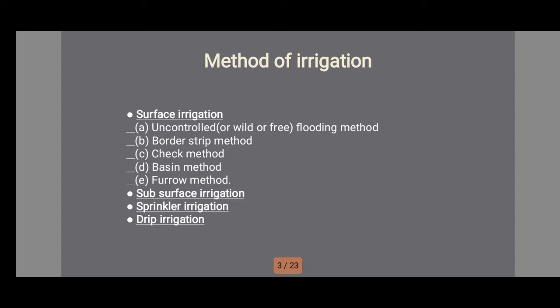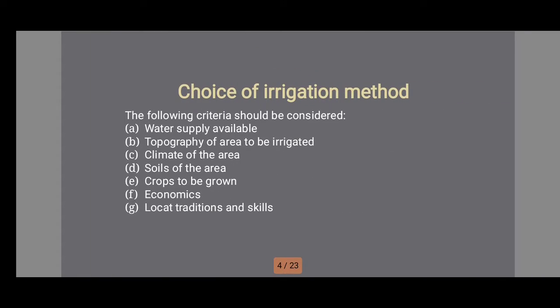Surface irrigation is further divided into uncontrolled flooding, strip method, border strip method, check method, basin method, and furrow method. The choice of irrigation system depends upon water availability, topography, climate, soil type, crop grown, economic condition of the farmer, and local traditions and skills.